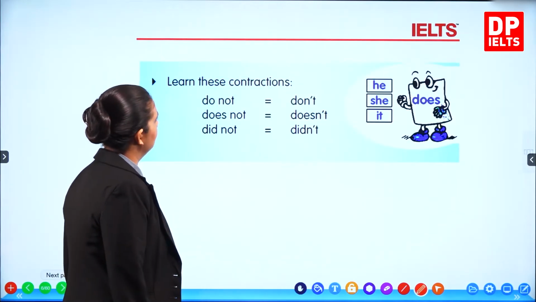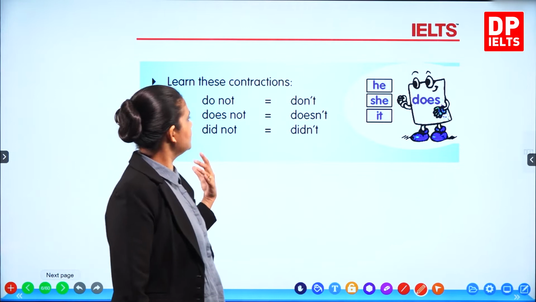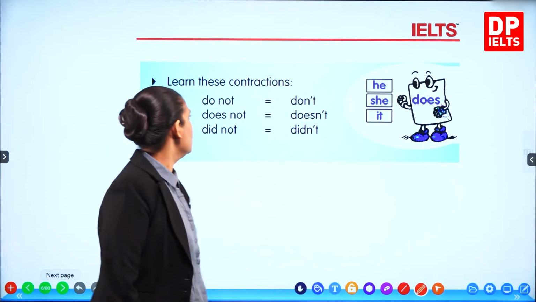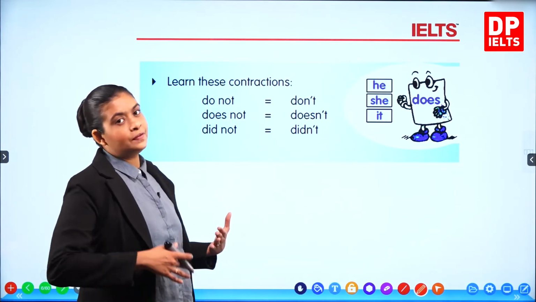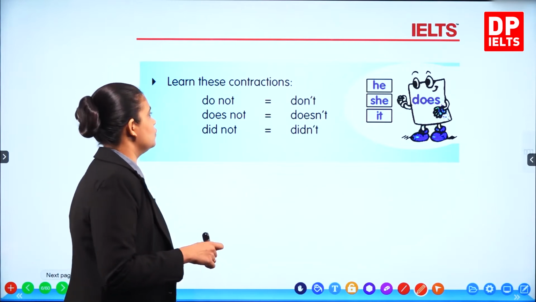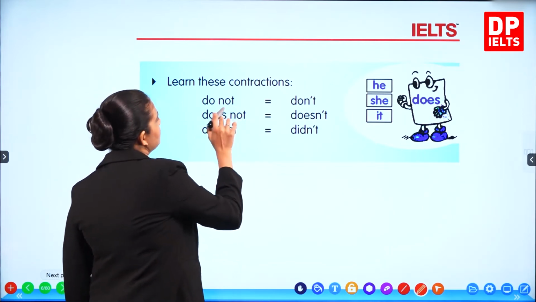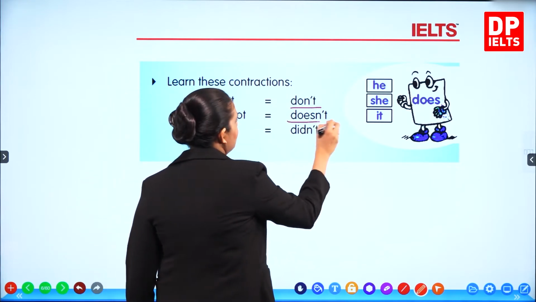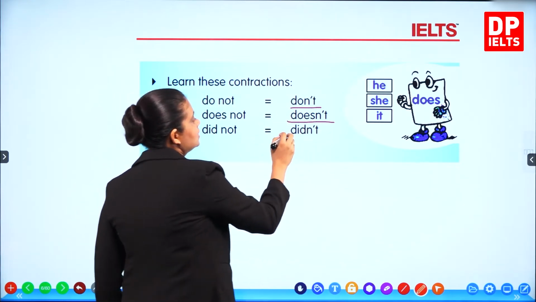Right. Now, this also has the contraction form, right? And in terms of it to be the contracted form, it has to be the negative one. So, do not, don't, does not, doesn't, did not, didn't.